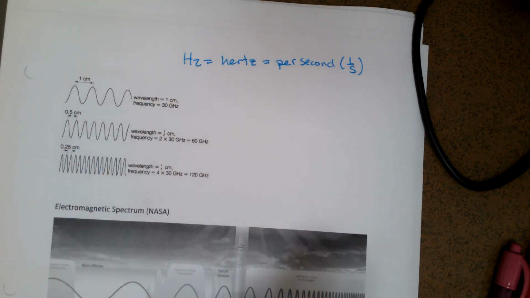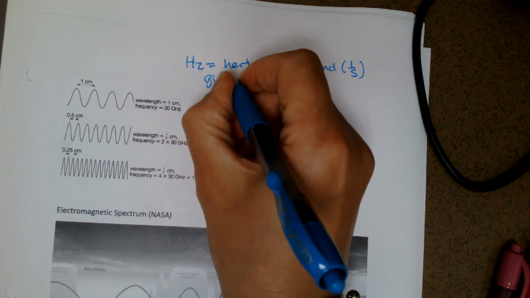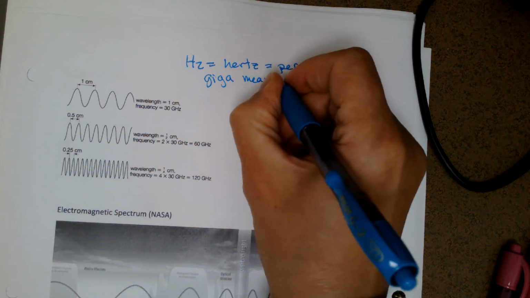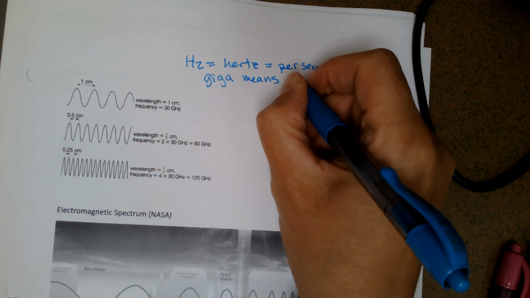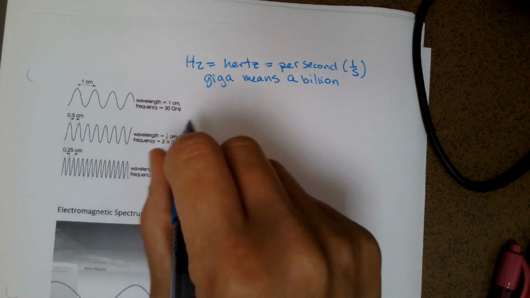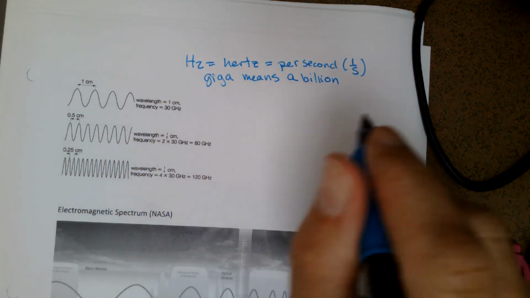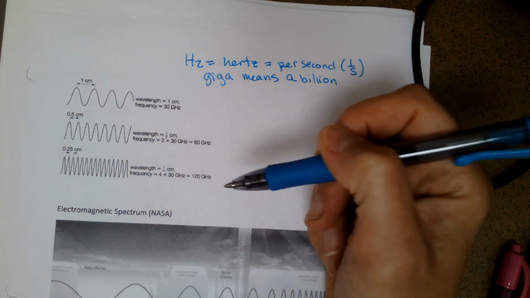Gigahertz, if you remember back to the first meat and potato stuff that we did, giga means what? That's right, it means a billion. So this is a billion hertz. When you say 30 gigahertz, you mean 30 billion times per second. So this is 30 gigahertz, this is 60 gigahertz, and this is 120 gigahertz.